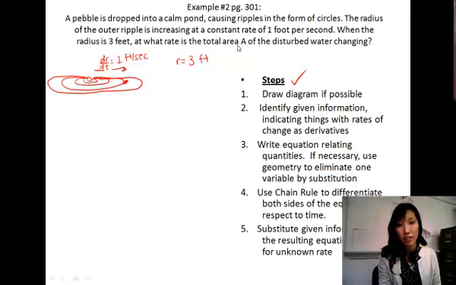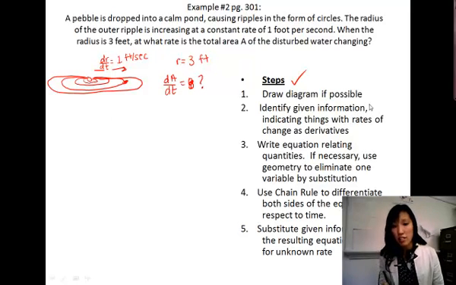So we're trying to find the rate of change of A. I went through that quickly, so if you want to, go back and see: here's my drawing, here's what's happening, and here are some labels that I identified as I read along. I drew a diagram, and I started to identify given information, indicating things with rates of change as derivatives. That's what I did in step 2. Pause me if you're not sure what I just did there.